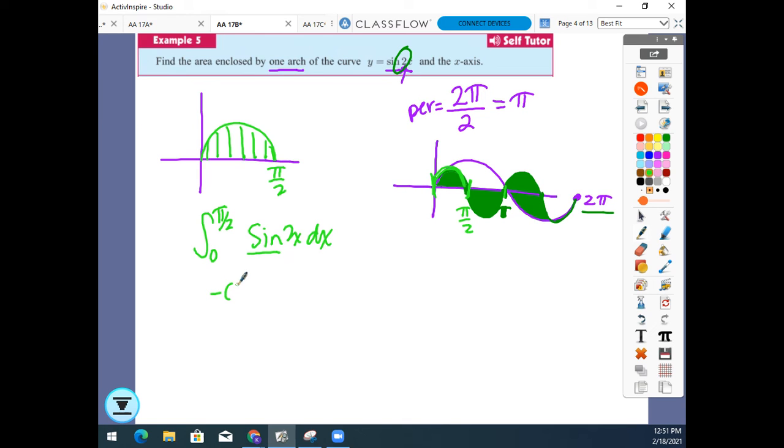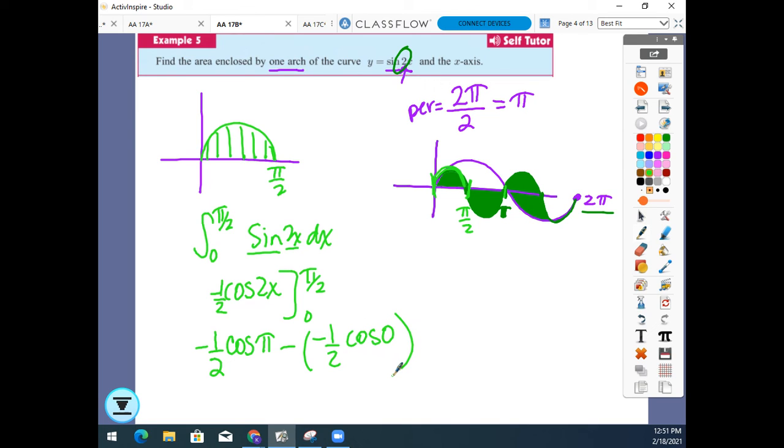Antiderivative of sine is negative cosine, divide out the 2. So I'm just going to make that -1/2 from 0 to pi over 2. Plug in the top, -1/2 cosine of 2 times pi over 2, which is just pi, minus -1/2 cosine of 2 times 0, which is just 0.